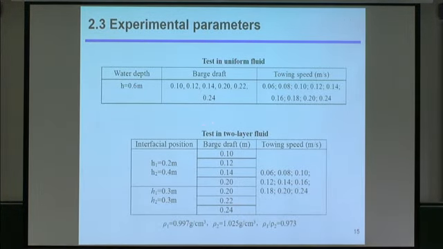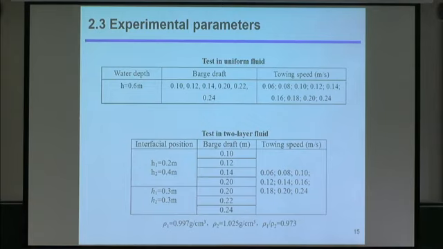Here are the parameters. For the uniform fluid, we test 6 barge drafts from 0.1 to 0.24, and the towing speed is from 0.06 meters per second to 0.24.